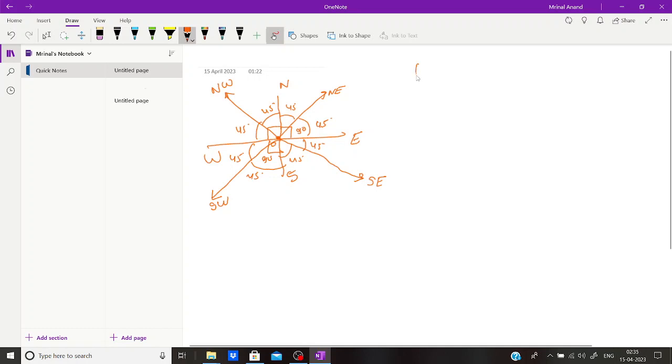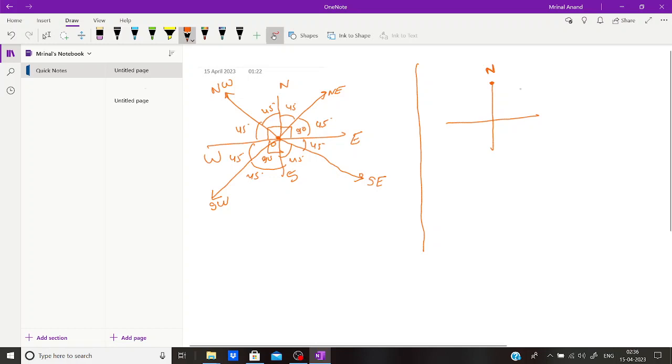Now let us do some concept building from this diagram alone. Suppose you are here, this position is the north, and if someone asks you to move 90 degrees clockwise, then in which direction are we going to move?